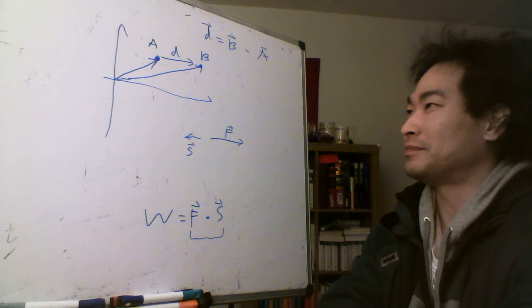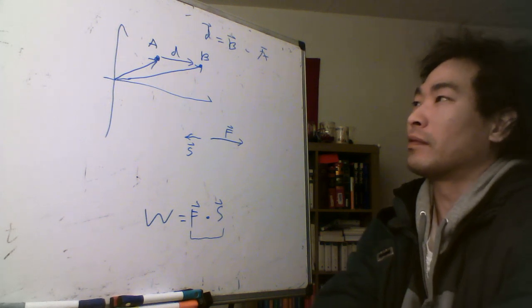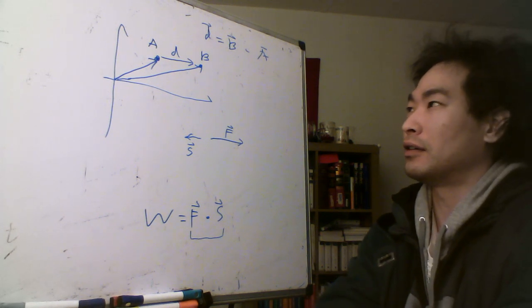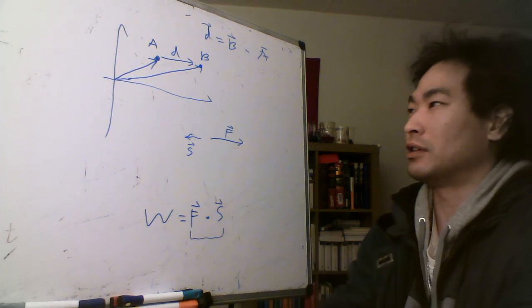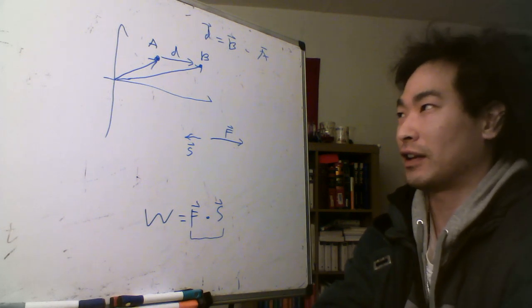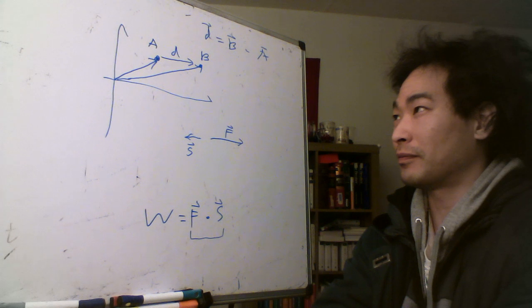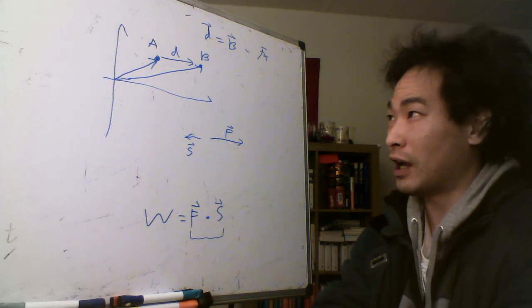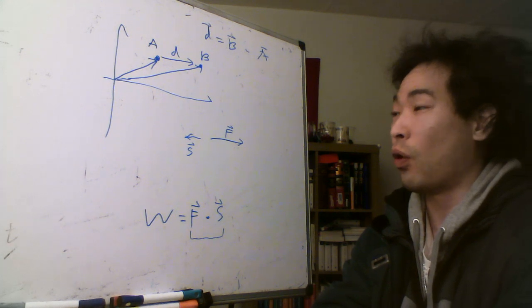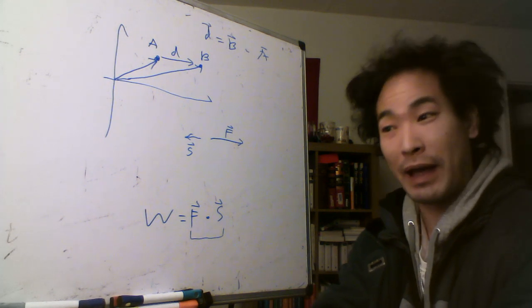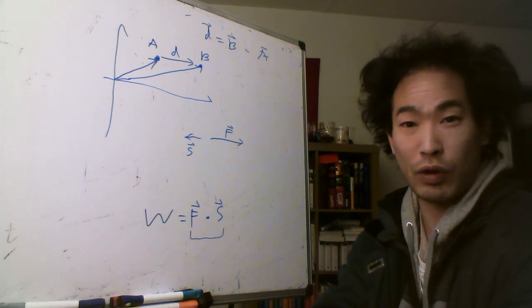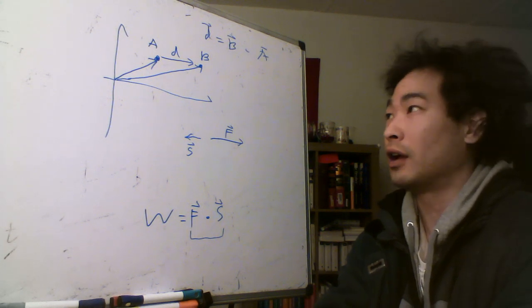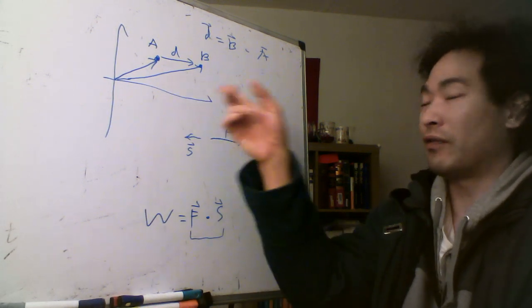Let's explore this a little bit, okay? This displacement vector, because about a month ago, we realized that position vector is covariant. It depends on what frame of reference, what coordinate system you're using. What is a frame of reference, coordinate system?